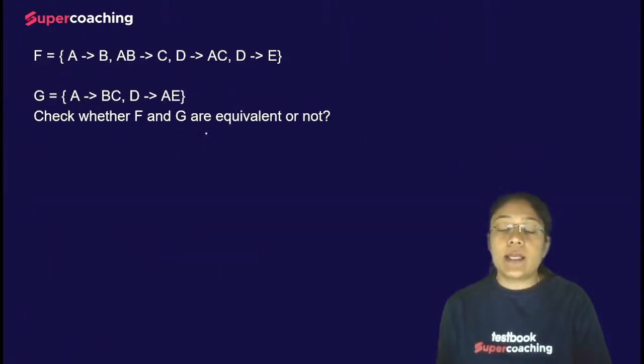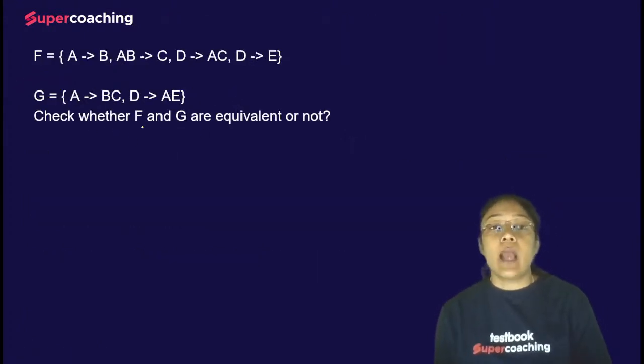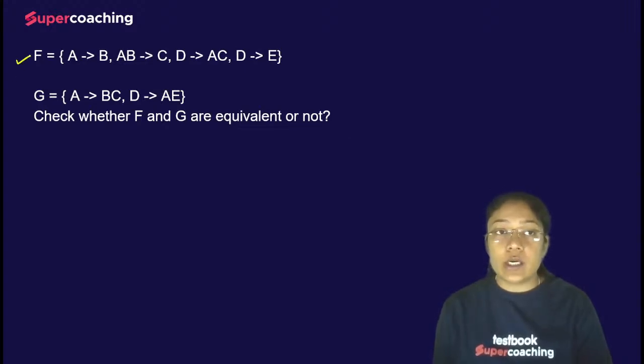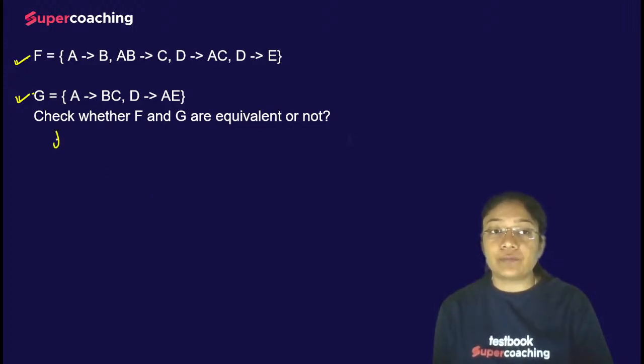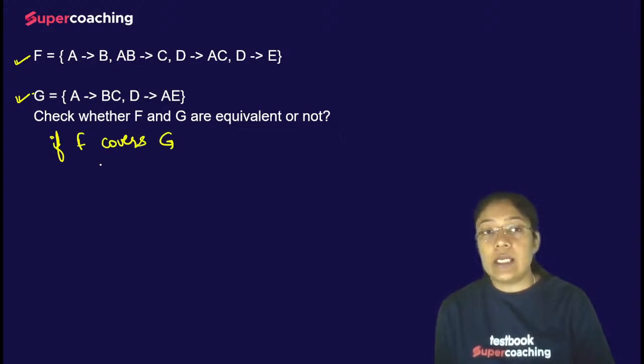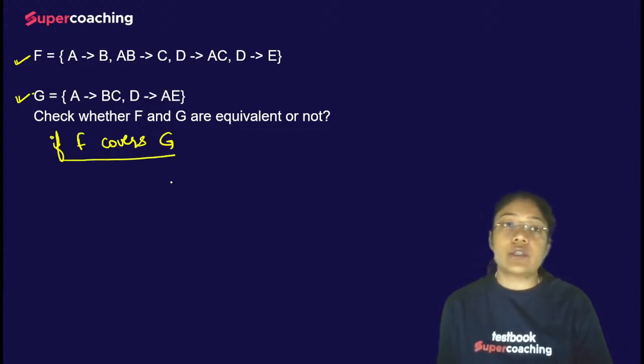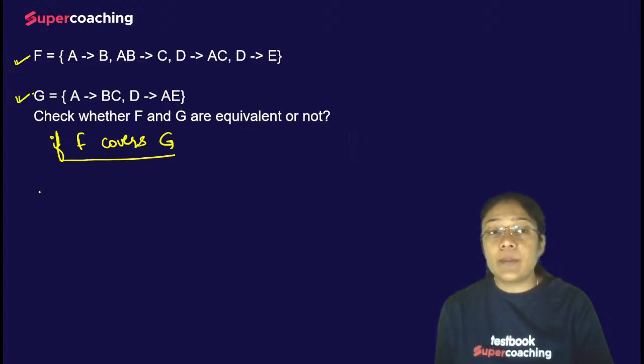Let's consider one example. Here we have to check whether F and G are equivalent or not. So this is the functional dependency set F, this is the functional dependency set G. So first of all, we'll see if F covers G, meaning every functional dependency of G is logically implied in F. What are the functional dependencies in G? That is A determines BC.